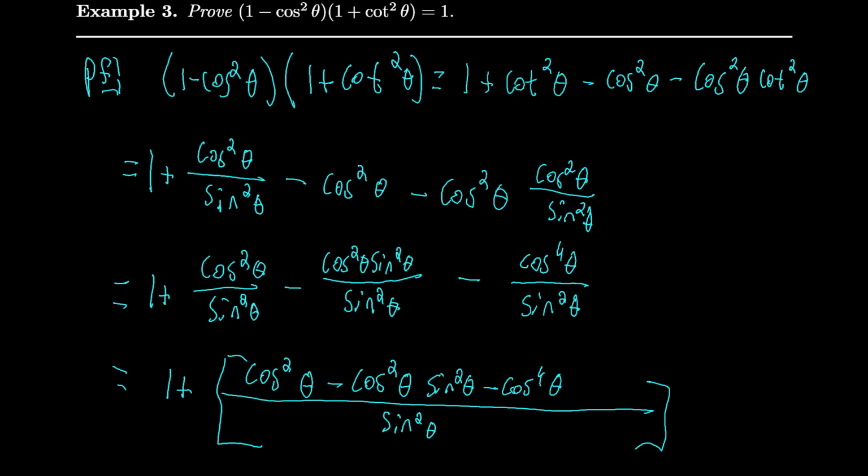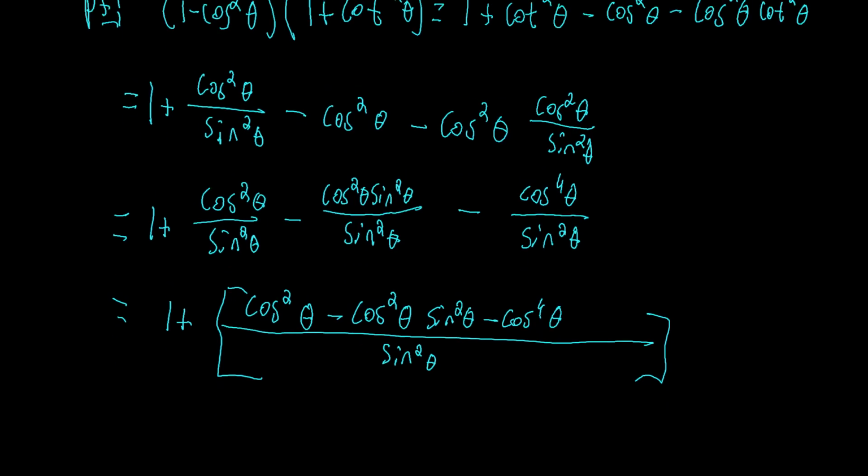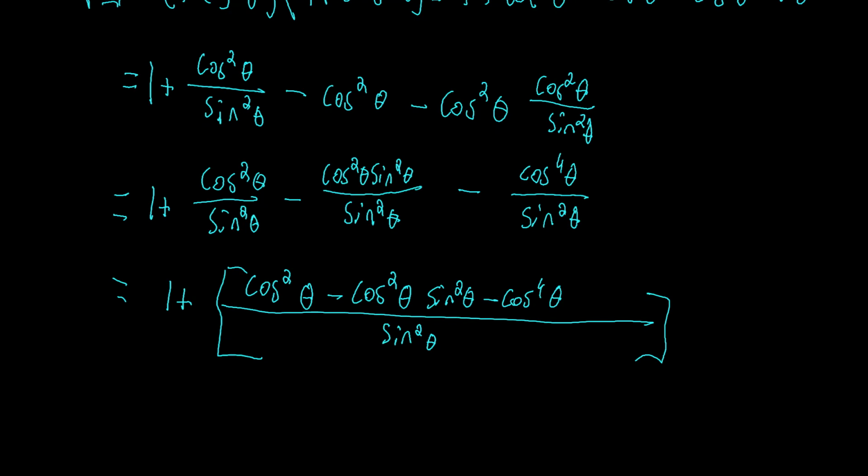And I am seeing some stuff that we might be able to do here that might get everything to cancel down. So let's scroll down and see what we can do with this. We don't have a lot more space. So this is 1 plus. I'm going to factor out a cosine squared from the top term.